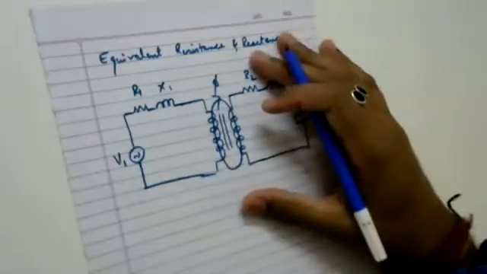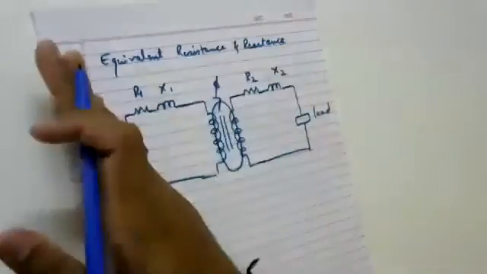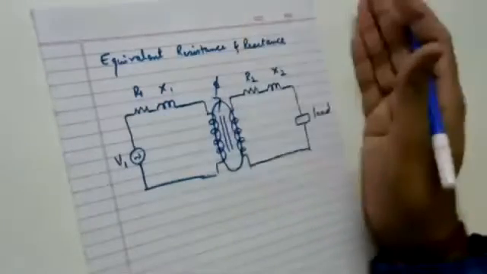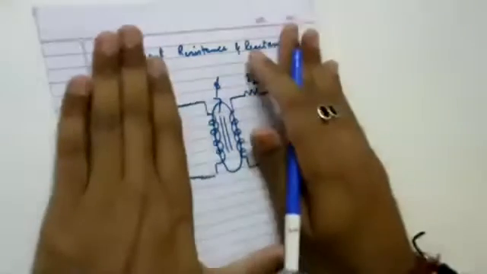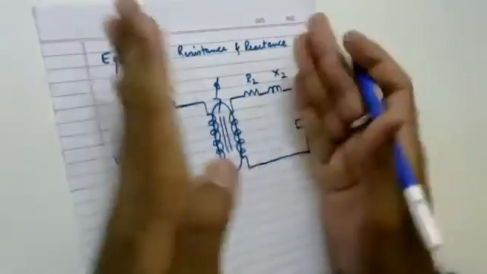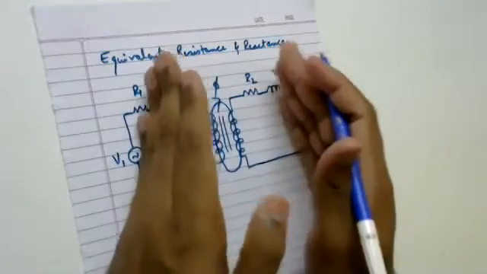This is a primary circuit, which is one electrical circuit, and this is a secondary circuit, which is completely different. Electrically, these are two different circuits. If I want to analyze this, the analysis cannot be performed because the two circuits are electrically isolated.